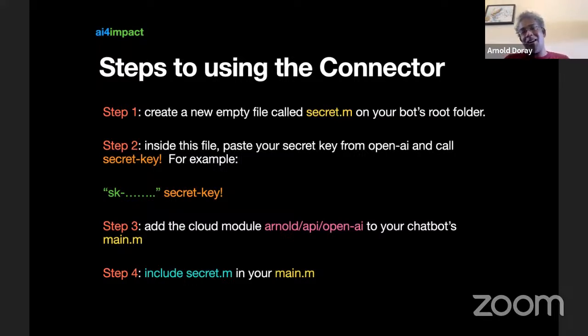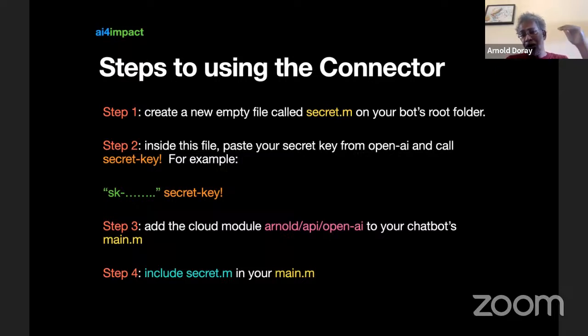Create a new empty file on the same level as your main.m. Call it secret.m, for example. Inside this file, paste your secret key in double quotes so it turns green. Put a space, and then put secret-key exclamation mark. That's it. Once that code is run correctly, it will set your secret key for you to use.